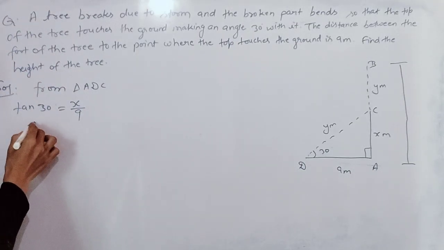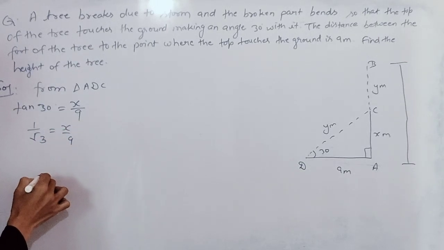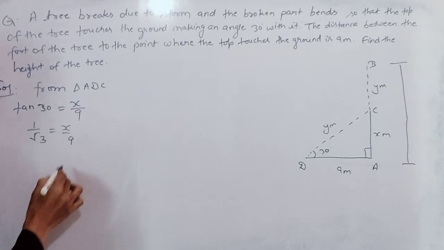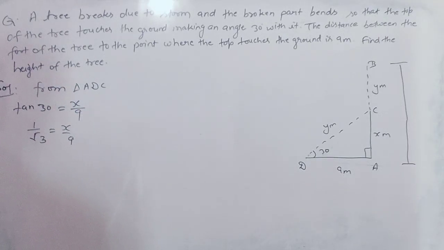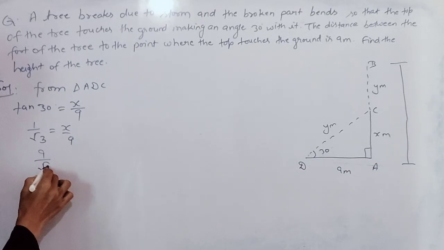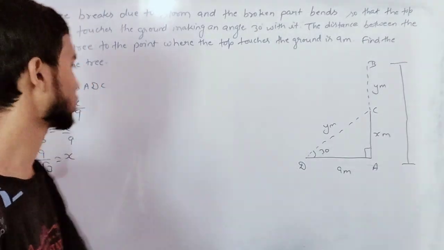Tan 30 is 1 upon root 3, so 1 upon root 3 equals x upon 9. Clear? This is 9 meter.